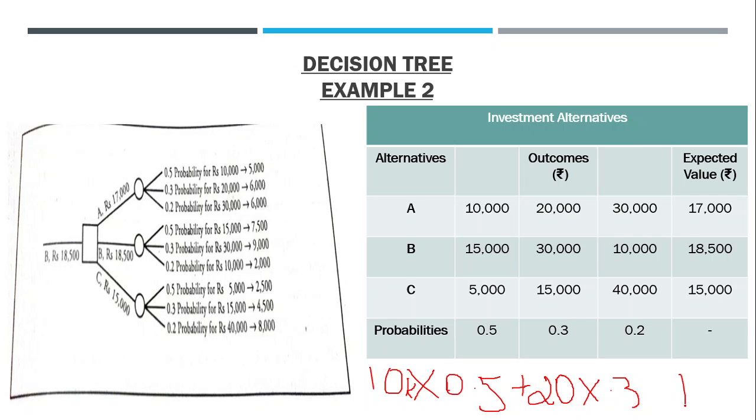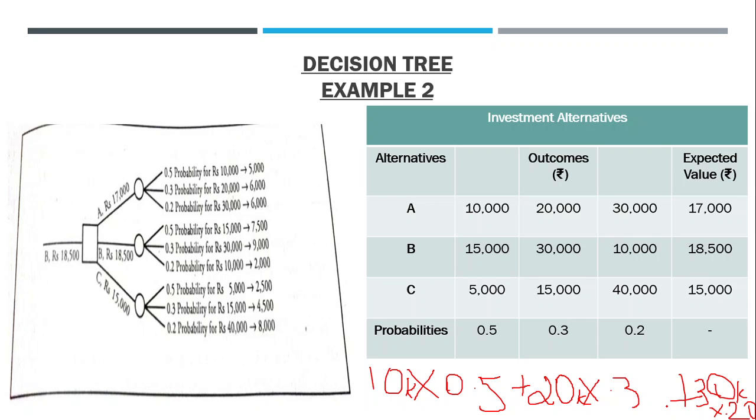And if we have to get triple return, that is 30,000, then there is a probability that it happens on a 20% basis. So the expected value would be 17,000.